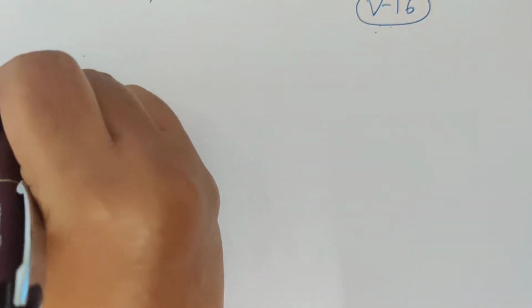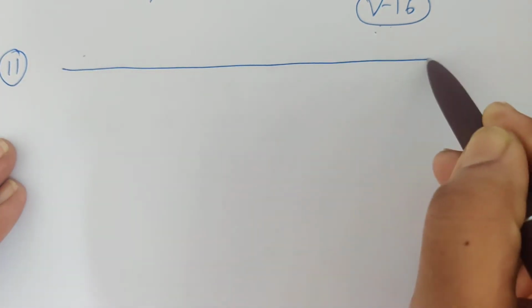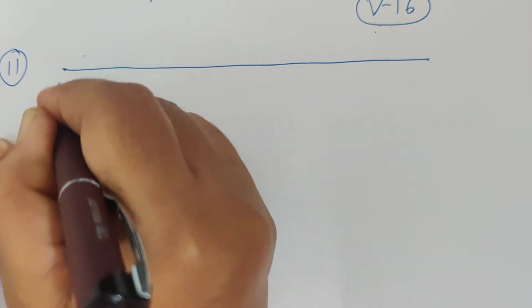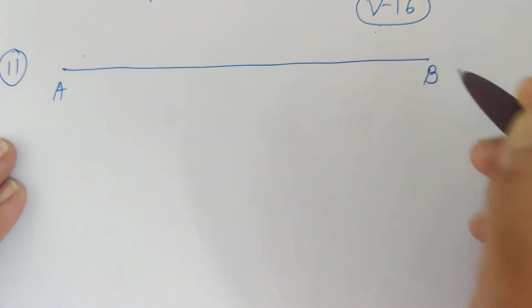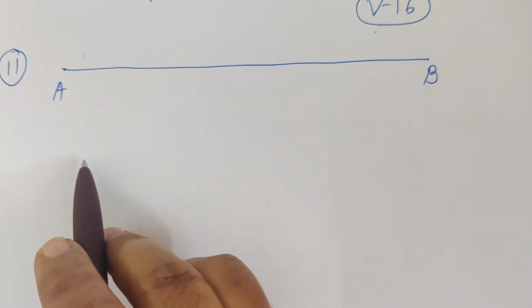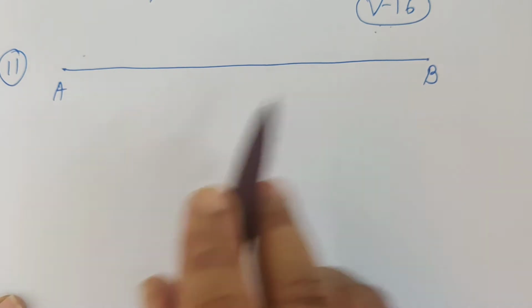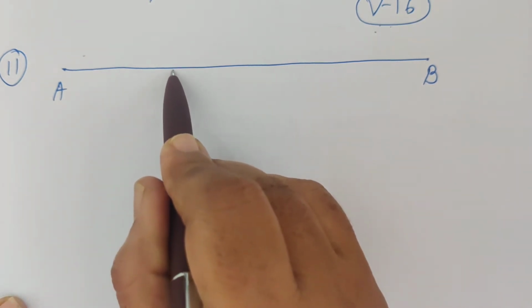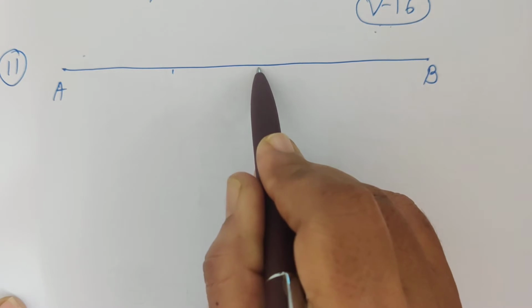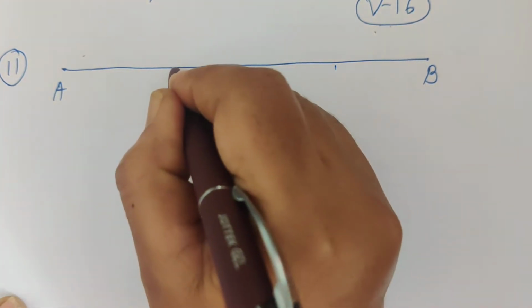Example number 11. Suppose AB is the segment, and A and B's coordinates are given here. This segment is divided into 4 equal parts. It will be divided into 4 equal parts by 3 points. So this is the first point, here is the second point, and here is the third point.